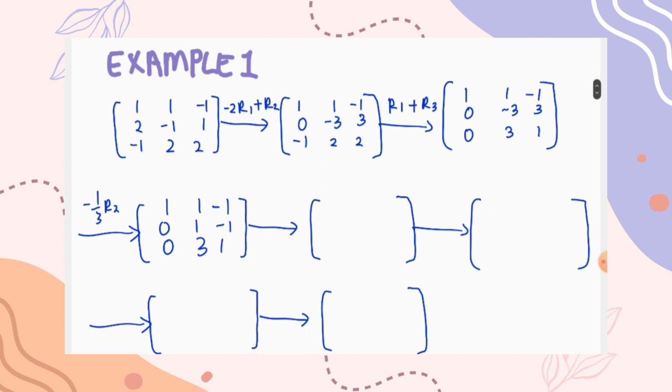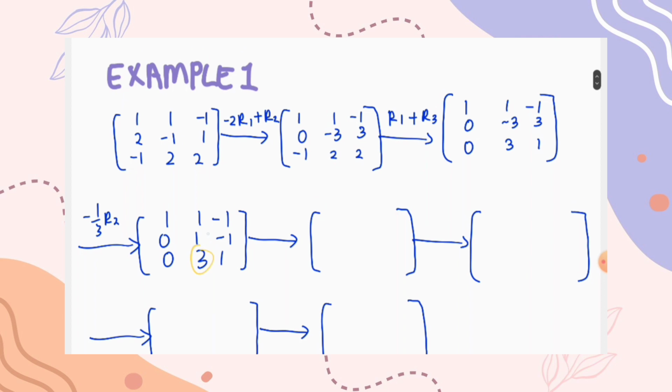Next, we want to change this 3 and this 1 into zeros. We can do this by putting in the equation negative 3R2 plus R3. Our next priority will be changing this 1 into a 0 as mentioned before.